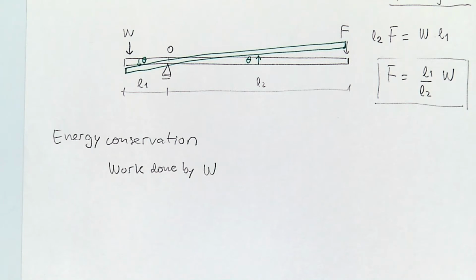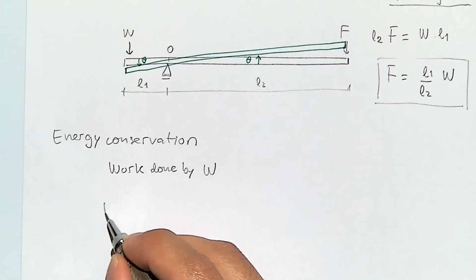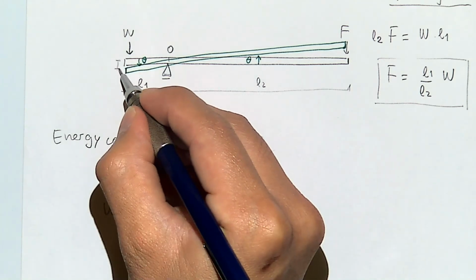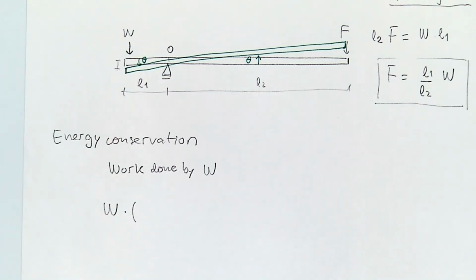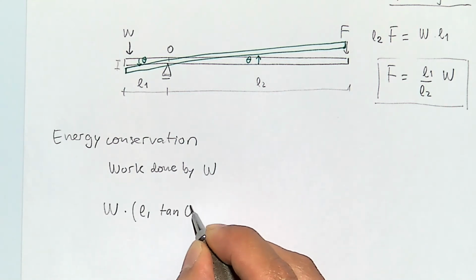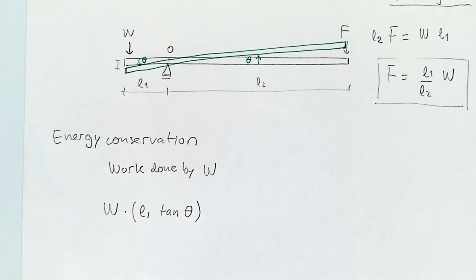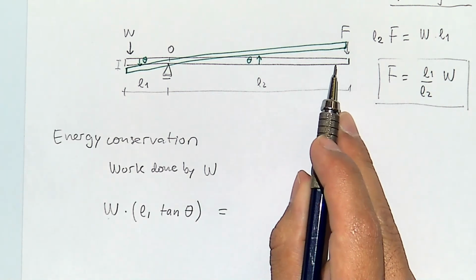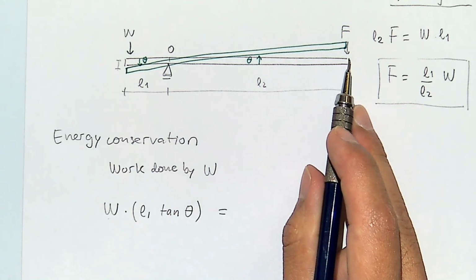Tangent. Very well. It is the force times that distance, and that distance is L1 tangent of theta. Force times displacement, that's work. And that has to be equal to the work done by F.